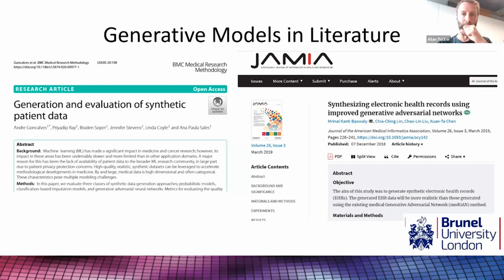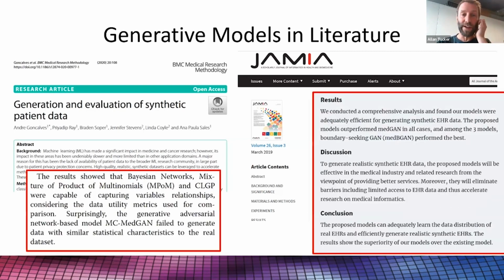Here's just two examples, one that explored probabilistic graphical models on the left and one that explored generative adversarial networks on the right.